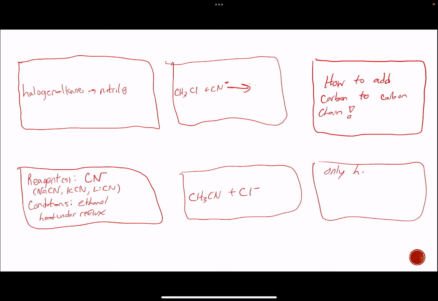That only happens in reactions with CN minus, because the carbon adds to the carbon chain. This isn't the only reaction with CN minus; there is at least one other later on in this unit. I'm just saying that if I want to add a carbon to the carbon chain, I'm going to need a reaction that involves the cyanide ion.